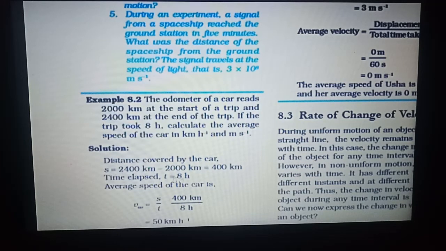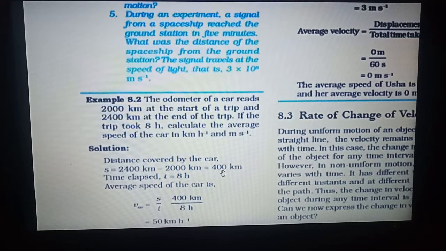Now in this case, the distance covered by the car is 2400 kilometers minus 2000 kilometers, because at the start of the trip the meter was already reading 2000 kilometers and at the end of the trip it was 2400 kilometers. To find the total distance covered by the car during the trip, we will be subtracting these two terms.